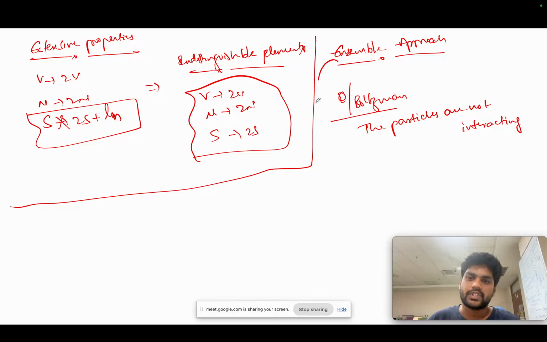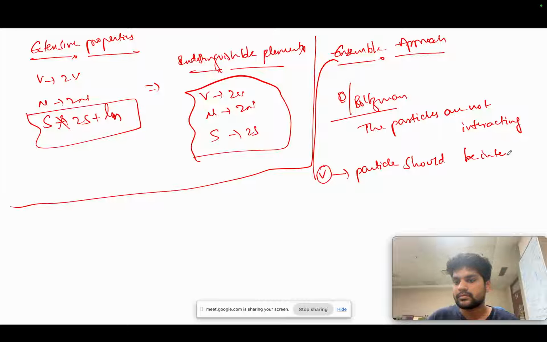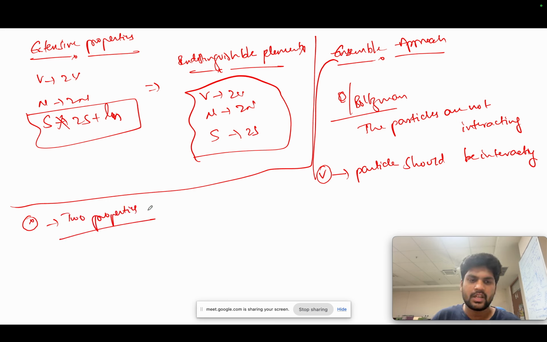So that is the first approach we have taken in the ensemble: the particles should be interacting. So then we have followed two properties: one is positions of the molecule or the atom, and the momentum of the atom and how it is changing. This is what we discuss in the ensemble approaches.